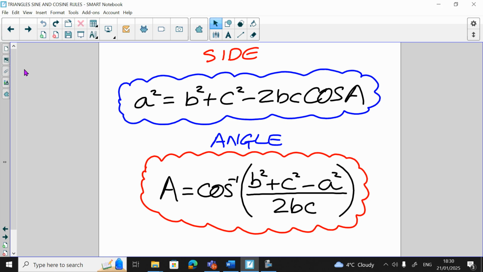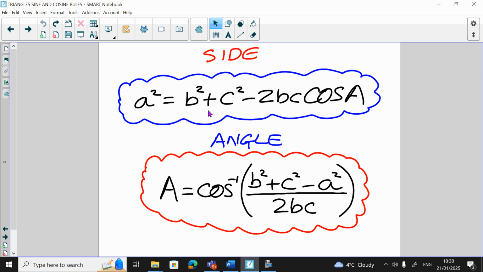So what I'm actually going to do here, I'm going to finish this. So what we've dealt with here, the area, that's fine, that's 5 minutes worth of stuff. But the main event was the cosine rule for side or angle.